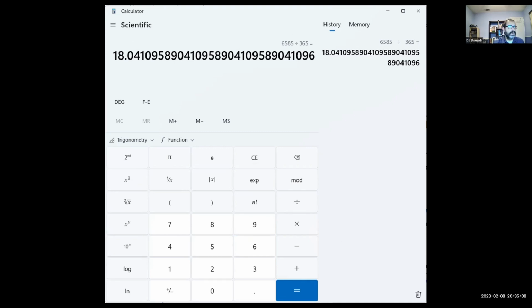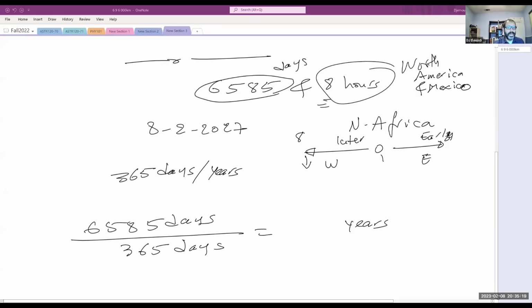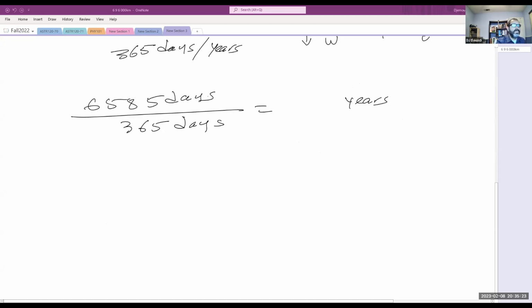I'm going to stop sharing and share the calculations again. So this is 18 years and some days, and I'm going to find how many days they are.